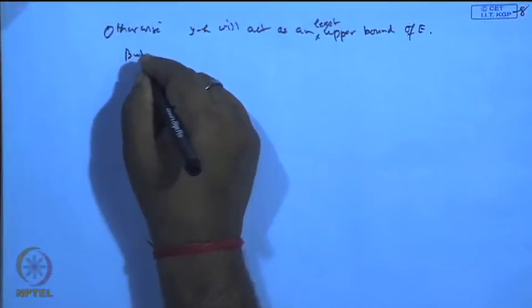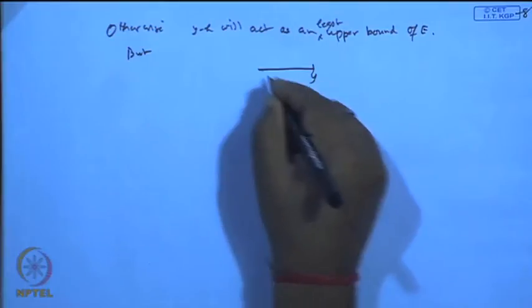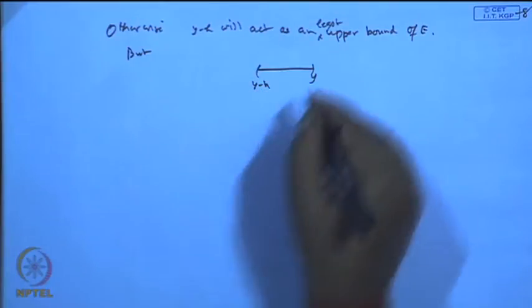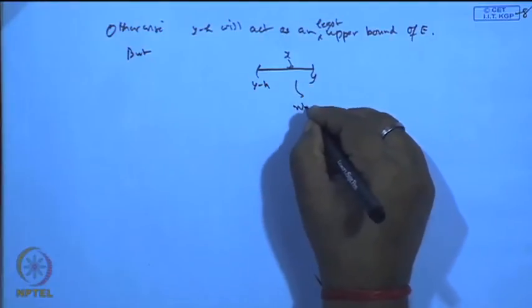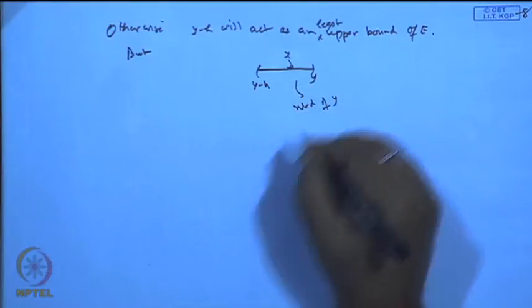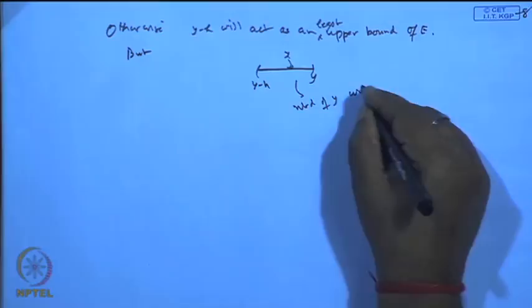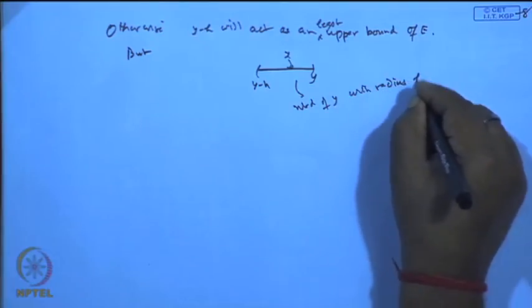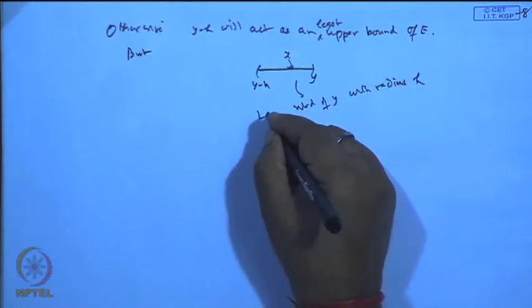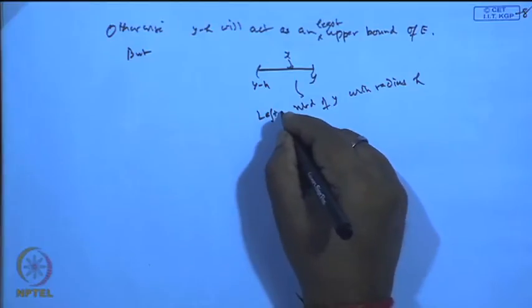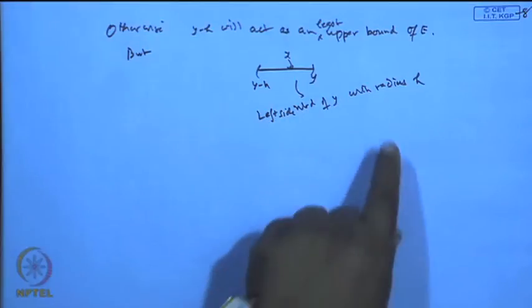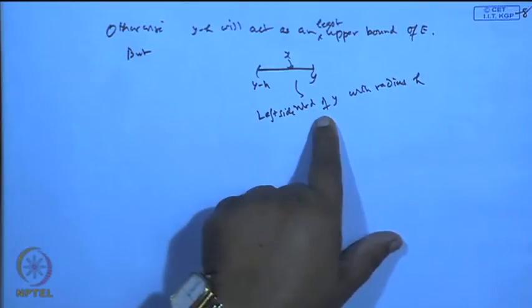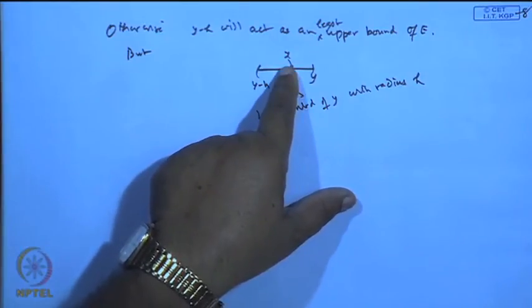But what is this interval y minus h to y? Is it not a neighborhood of y with radius h, where x lies? It is the left-hand neighborhood of y with radius h. So, there exists a neighborhood of y which includes the point x.